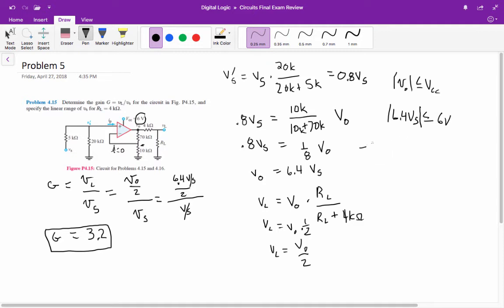So negative 6 volts is less than or equal to 6.4 VS is less than or equal to 6 volts, just setting up the absolute value inequality. And then divide everything by 6.4.